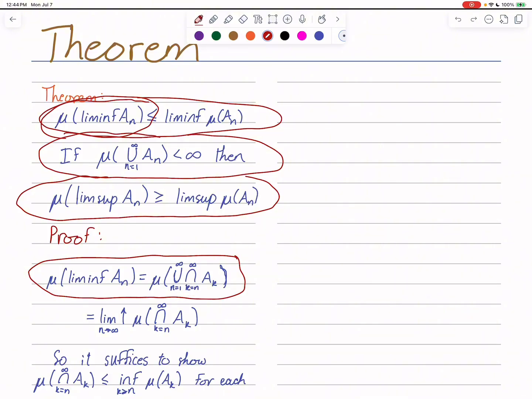And as I pointed out, this sequence of intersections with bigger and bigger n effectively gets you a monotonically increasing chain of sets, and therefore continuity of measure tells us that we can take the limit of these measures, which in this particular case would be the limit of the measures of the intersections.